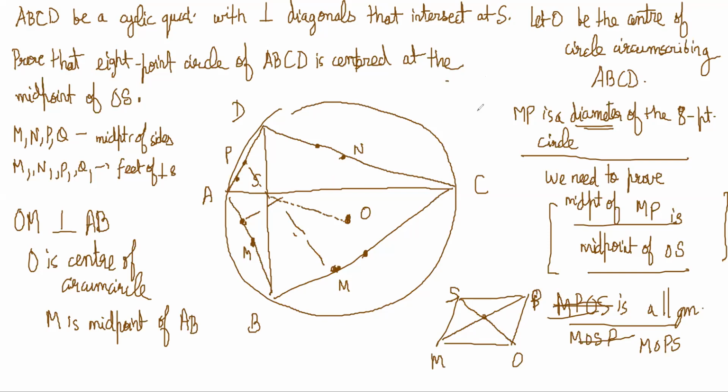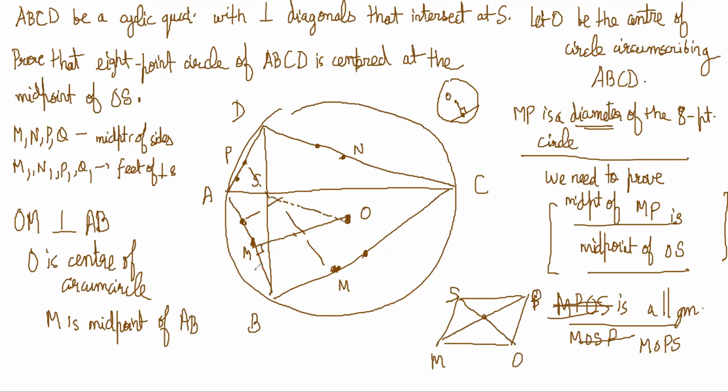If you have a circle and any chord, the line from the center to the midpoint of that chord is perpendicular to it. So OM is perpendicular to AB.